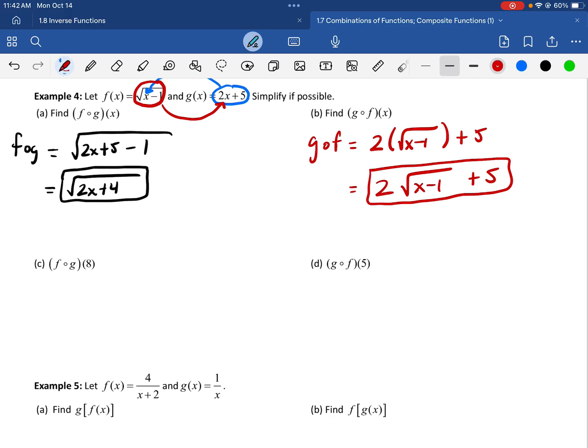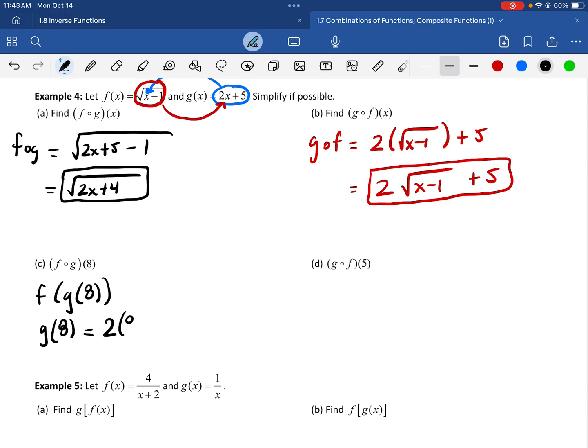This next one here is doing a composition, but also finding a value. All right, so you're doing f of g of 8. So we're going to figure out first what is g of 8 equal to. And then once we figure that out, then we'll plug that into function f. So f of g of 8. So let's do g of 8 means plugging in 8 into function g.